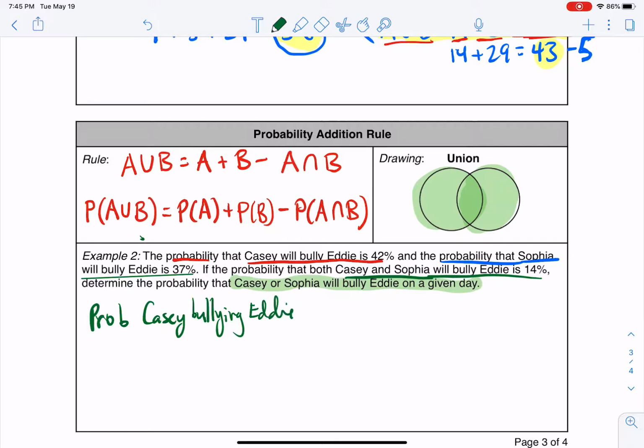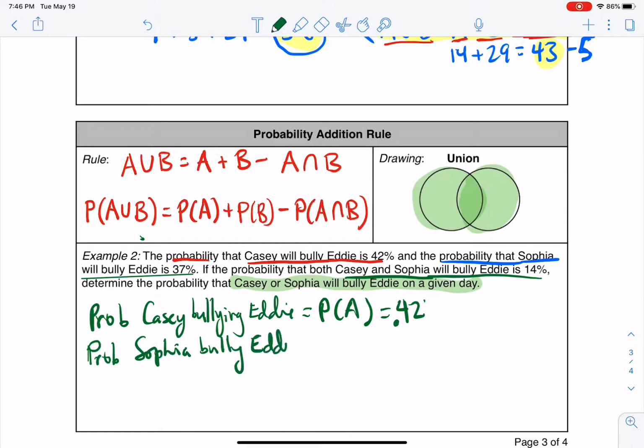So I'm going to shorten that to probability of A, and we know that probability is 42%. I'm going to write that as a decimal, so 0.42. We also know the probability that Sophia will bully Eddie, we're going to call that the probability of B, and that's the same thing as 0.37.